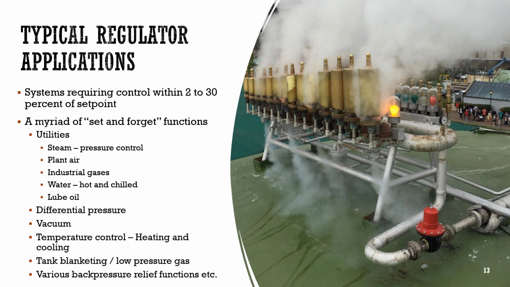Vacuum, temperature control, tank blanketing regulators are used a lot. Tank management and managing the vapor space in a tank, and various back pressure relief functions as well. So there are a lot of places where regulators can be effectively applied.